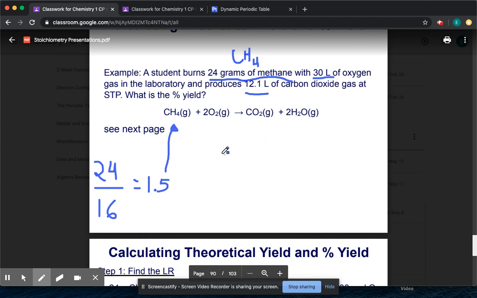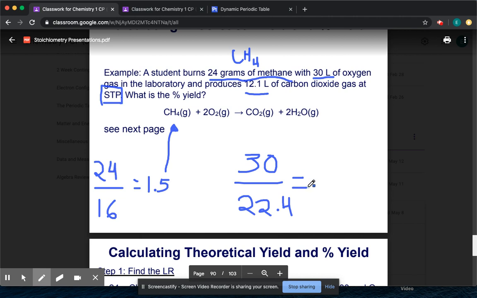We have 1.5 moles of that. And then to go from volume to moles, you have to divide by the volume at STP. Okay, remember we are at STP. And that's 22.4. Okay, so again, this is my volume divided by the volume at STP, which is 22.4. Remember, that's from the mole unit.